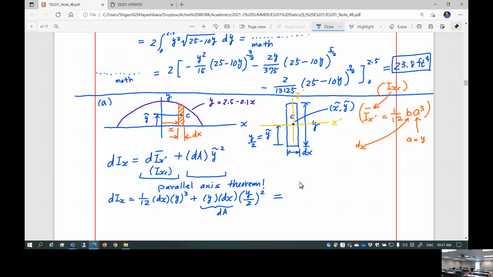Anyways, if you move on and simplify it, you're going to have y cubed over 12 plus y cubed over 4 dx, which you can simplify to y cubed over 3 dx.